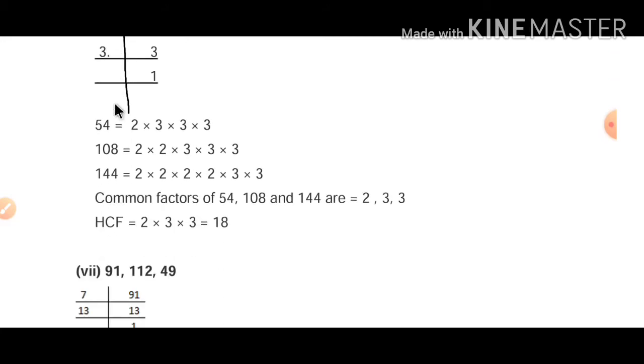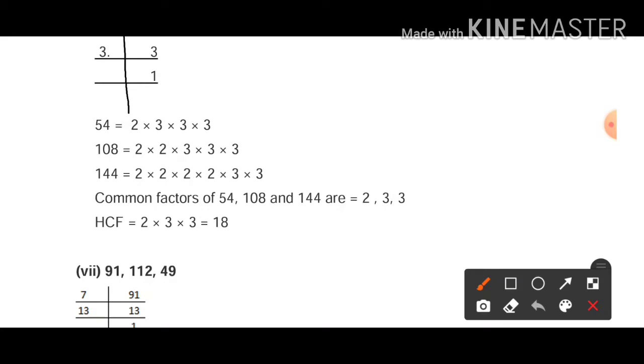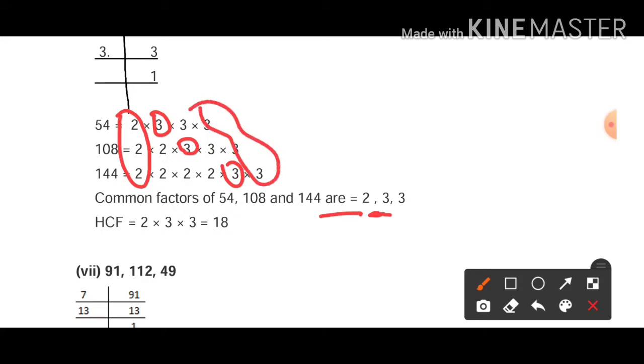Now see the common factors. Which are the common factors of 54, 108 and 144? You can see 2 is in all three numbers, it means 2 is a common factor. After that you check 3. Here also 3, this also 3, here also 3. It means the second common factor is 3. Now check again, one more 3 is common in all the three numbers.